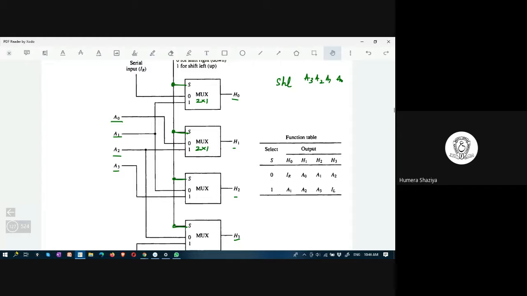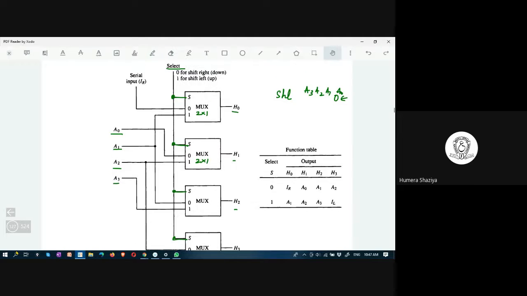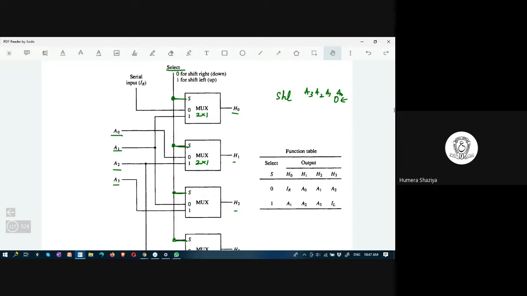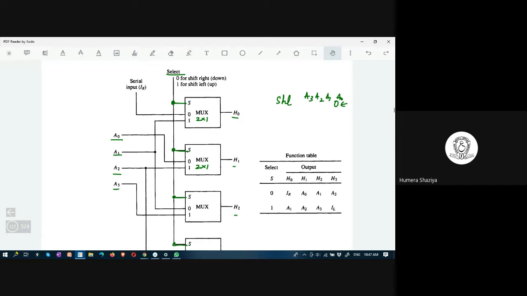So here, what are you doing? You are getting a new value, which is 0, and then you are shifting. If you look at this, this is the serial input, for the right shift.